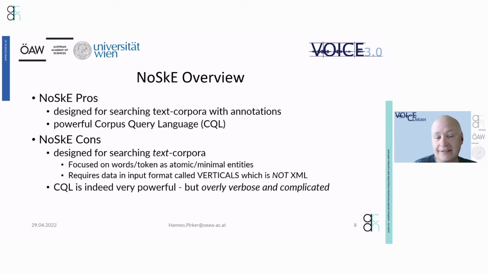And the CQL is indeed a very powerful query language, but it's overly verbose and complicated. So for simply searching a word form like pizza, you need to actually type square bracket word equals quote pizza quote square bracket. That's basically not what we really want.